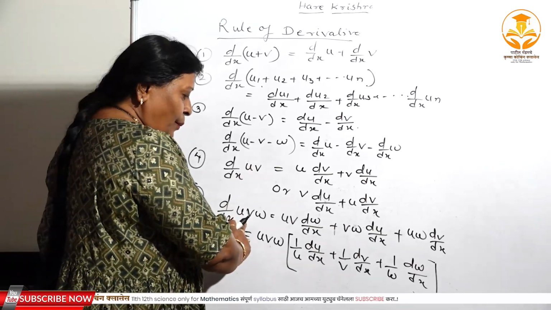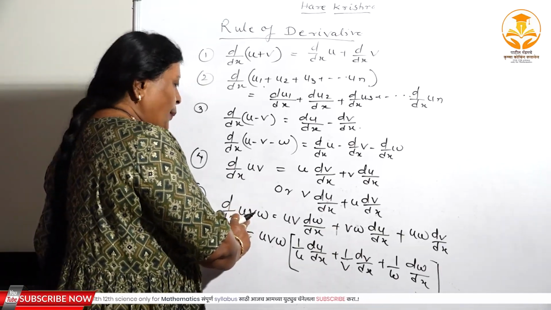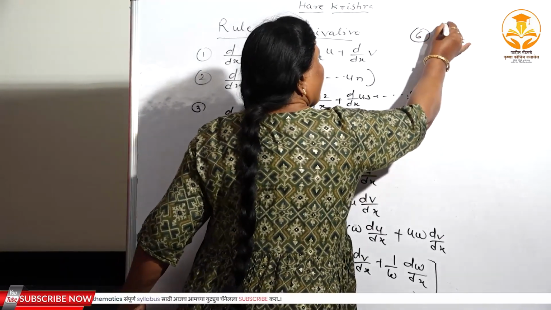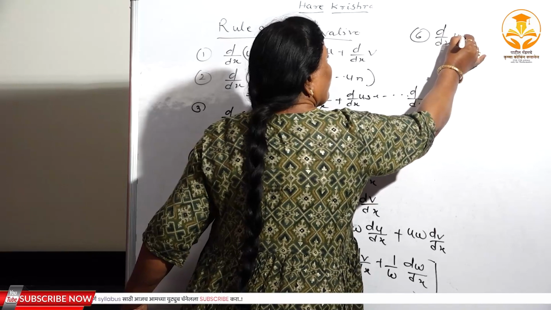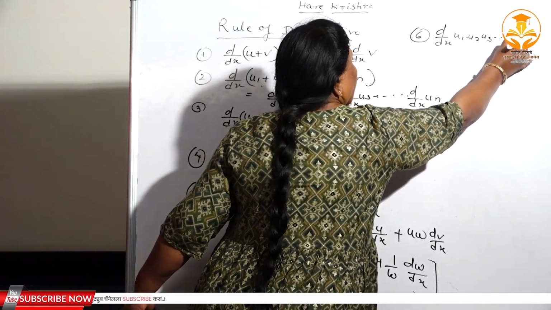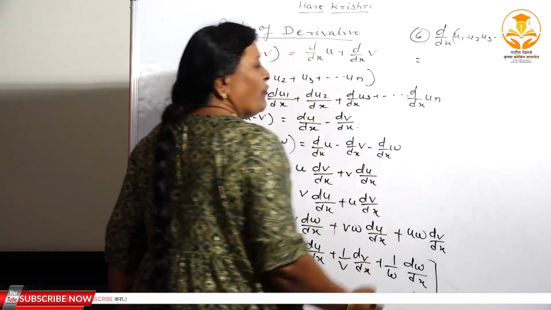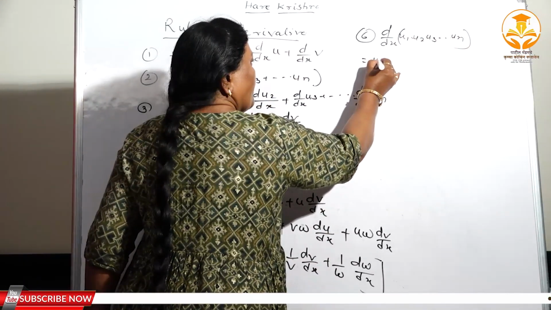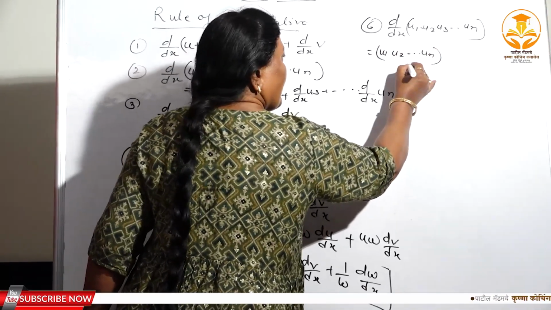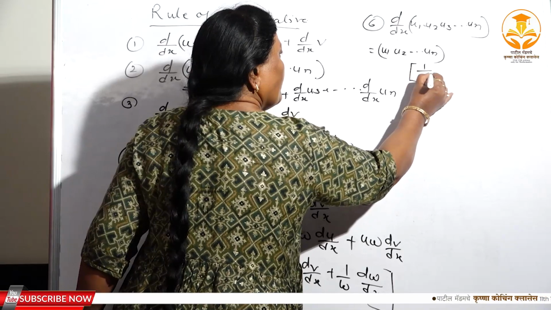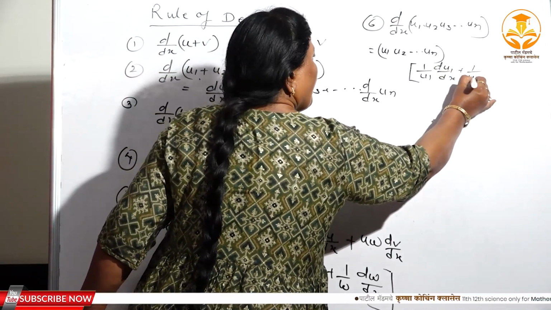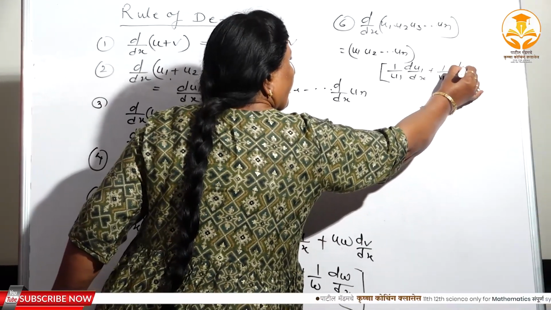Similarly, there is a multiplication of three functions, the product of three functions. Suppose there is an extension, right? Suppose see here d/dx of u1, u2, u3 and up to un. Then what can you do? How will you write this here? See, u1, u2 up to un remain as it is, in the bracket 1 upon u1, take the derivative of u1. 1 upon u2 remain as it is, take the derivative of u2.